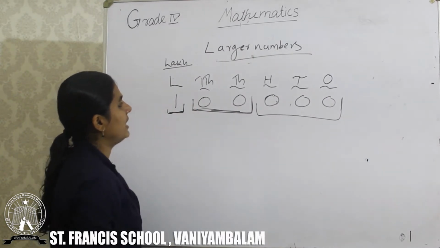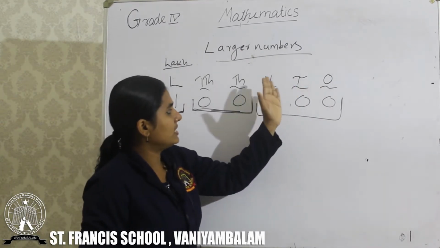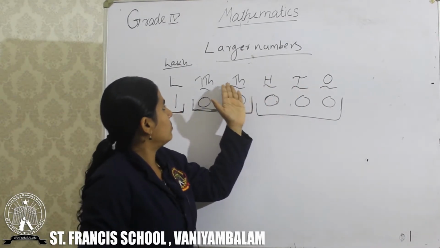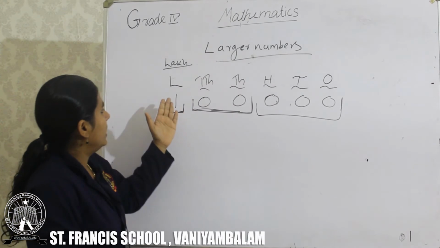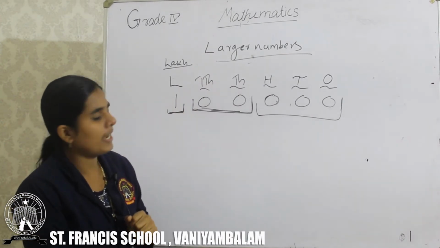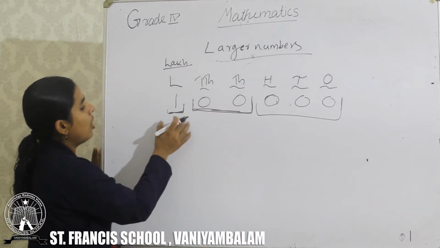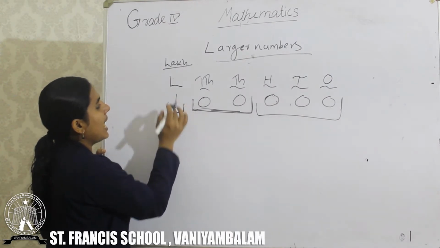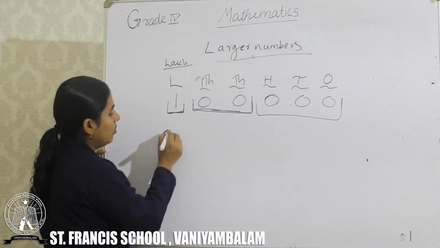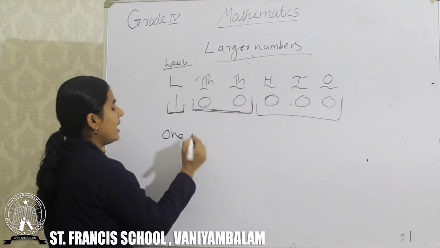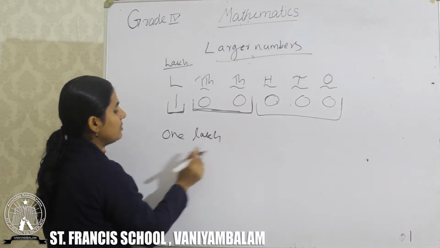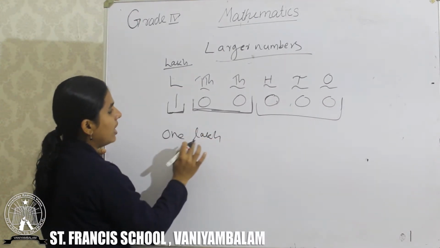Listen here. Ones, tens, 100 together. Then 1000 and 10,000 together. Next part, lakh. Then read this. How many lakhs are here? Only one. That is in which place? Lakh. That is 1 lakh.